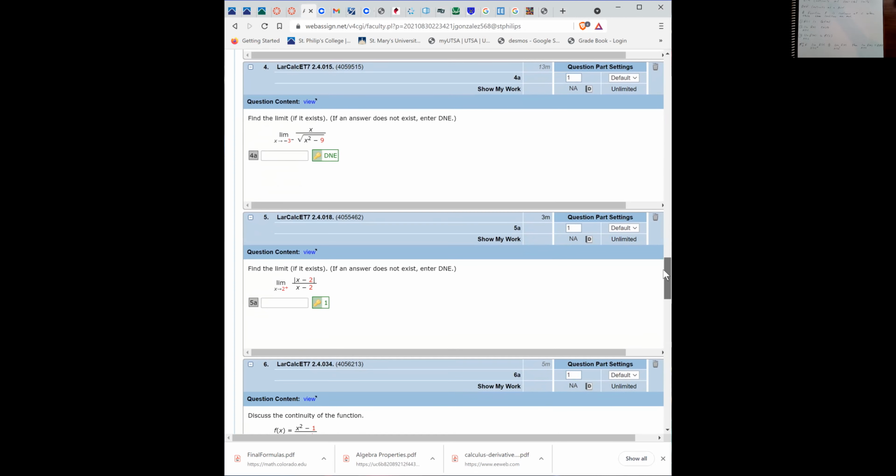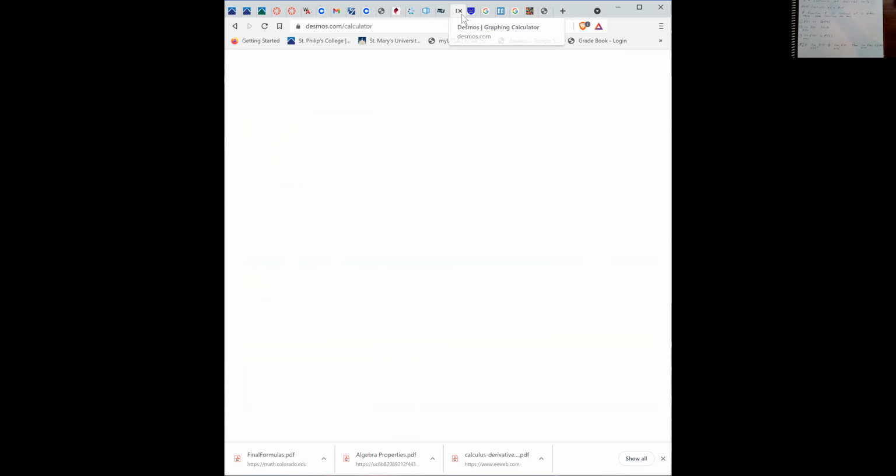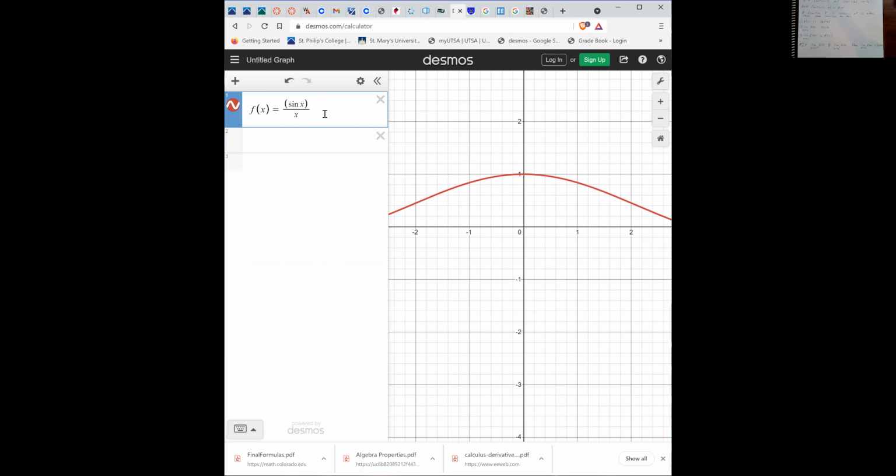Number 4, it's only asking for a left-handed limit. It's not asking for both sides or a regular limit, just one side. What is it, right? So we could graph it and just see. Can you guys see the grapher? Yes, sir. I already forgot the function, shoot.